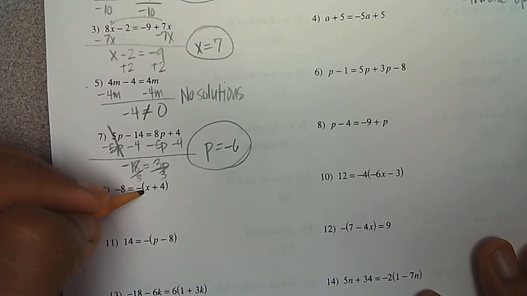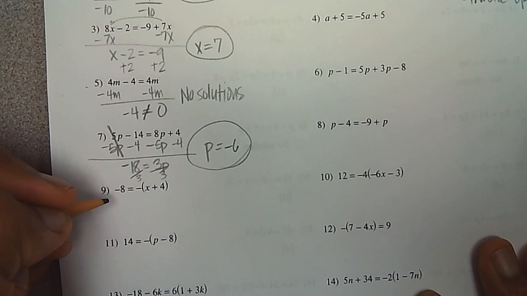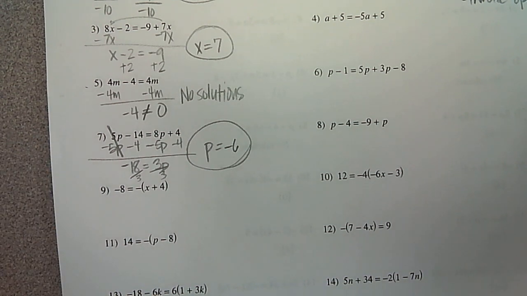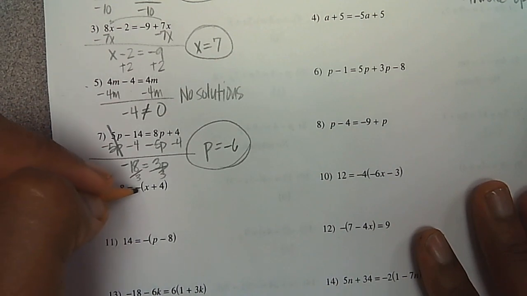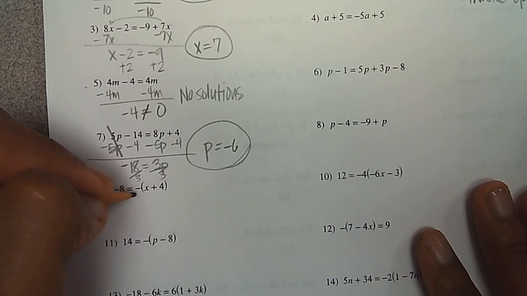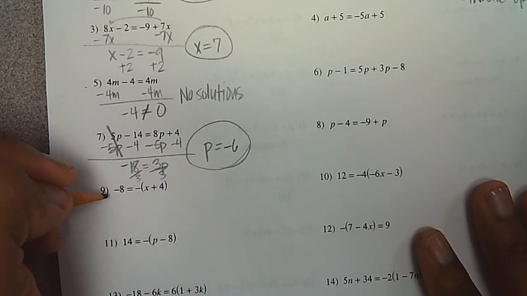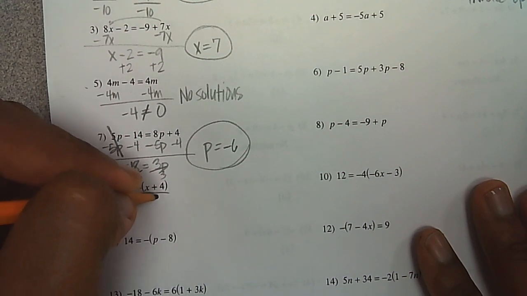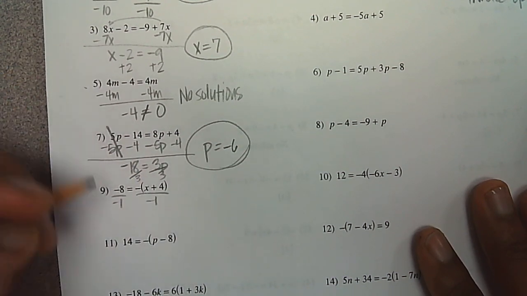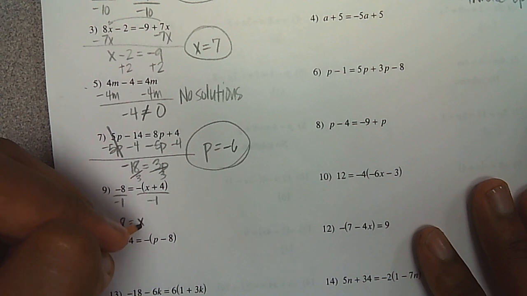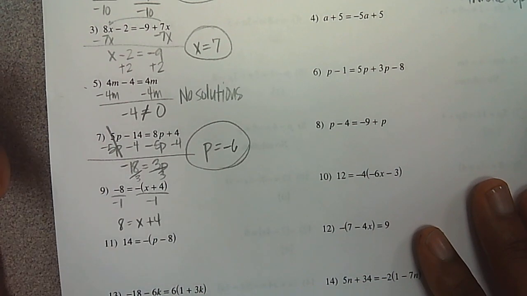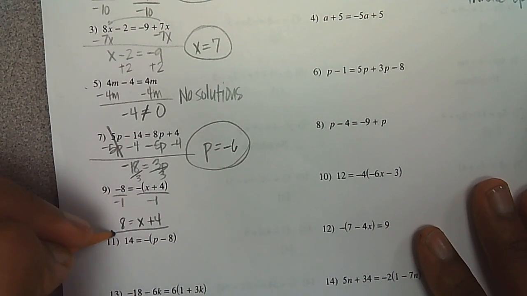If you don't see it, it's always a negative 1. So I'm multiplying everything over here by negative 1, so I can divide out my negative 1. Subtract 4.